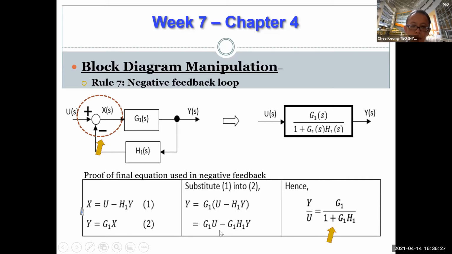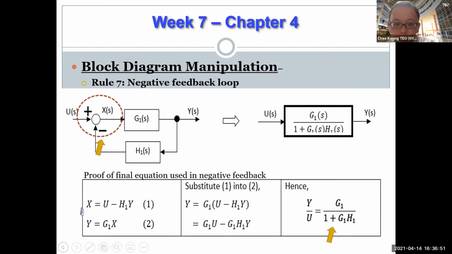Then if you want something over U, if you rewrite this, you would have, how do you get that? You have bracket G1 here, 1 minus H1Y.